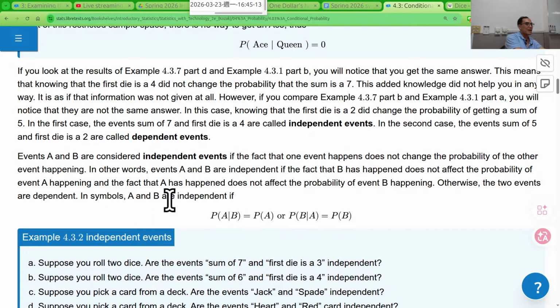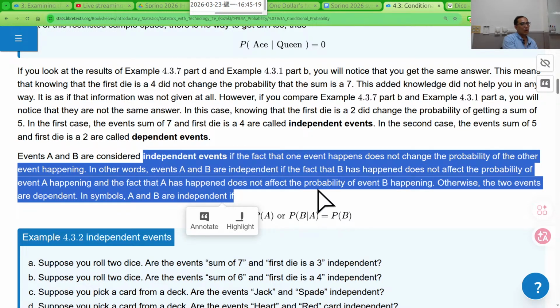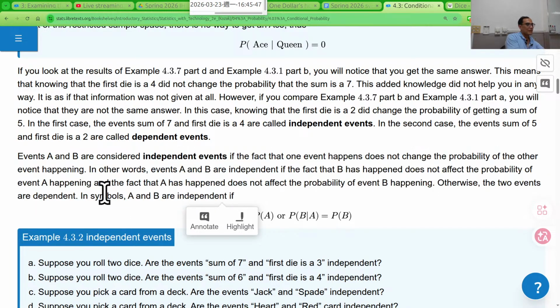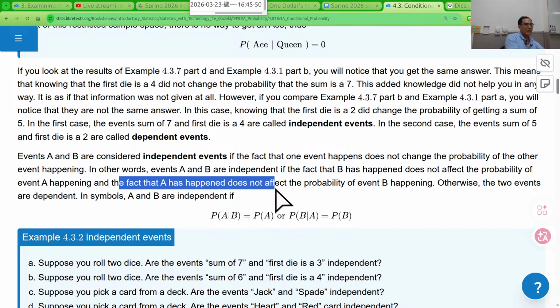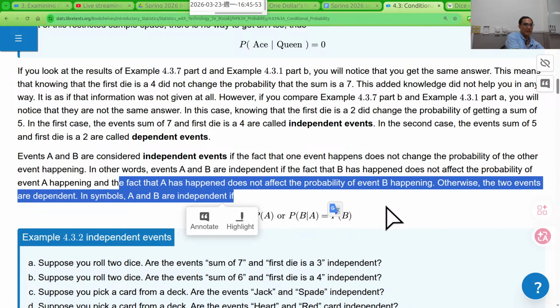Events A and B are considered independent events if the fact that one event happens does not change the probability of the other. In other words, events A and B are independent if the fact that A has happened does not affect the probability of event B happening.